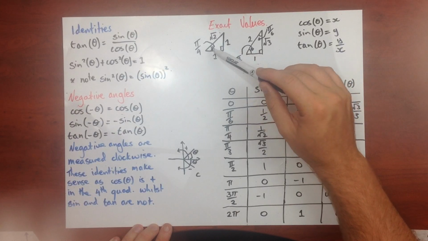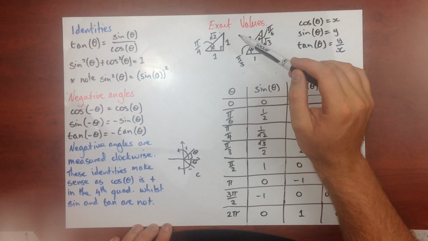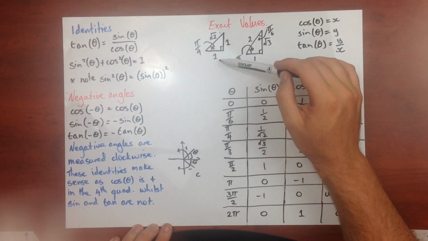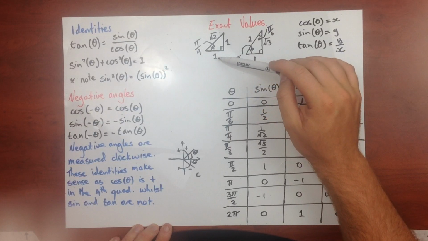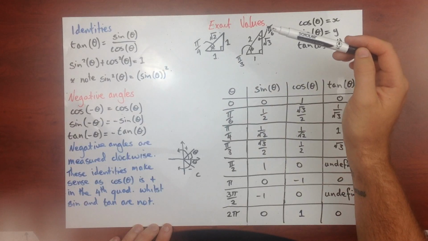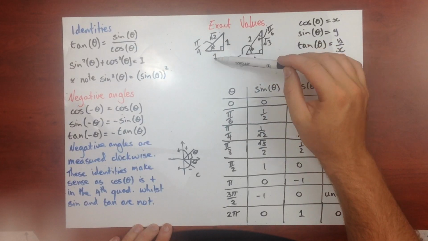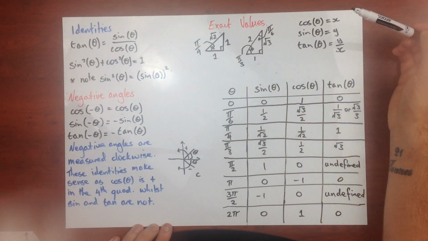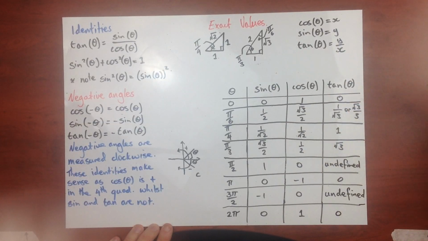So sine of pi on 4 would equal 1 on root 2. Cos of pi on 4 is adjacent over hypotenuse, so it's 1 on root 2. Tan is opposite over adjacent, so it's 1 on 1, and it's just equal to 1. You'll see these values here in our table.